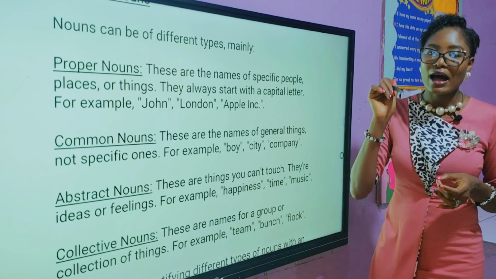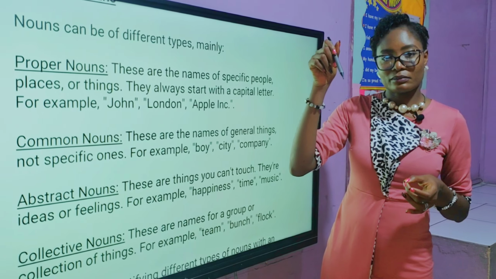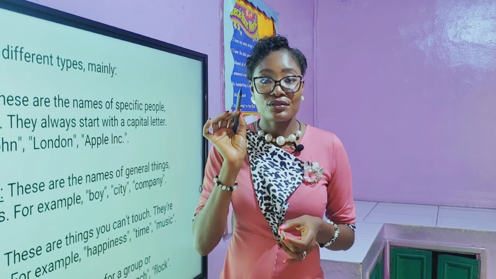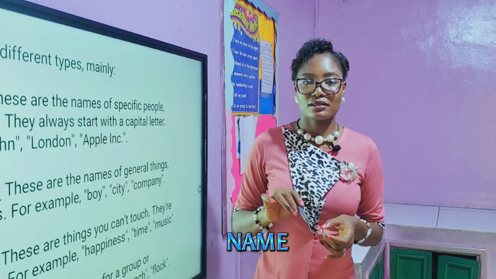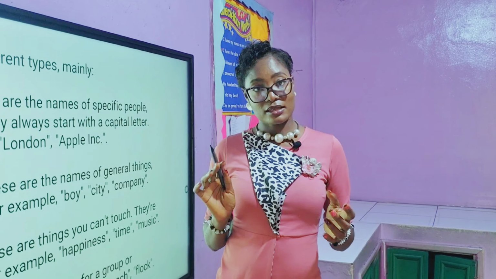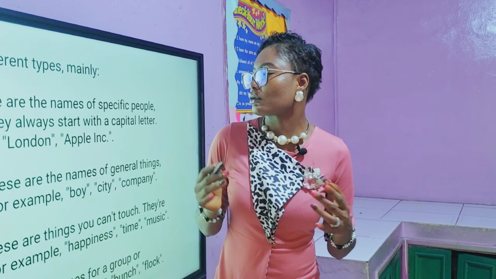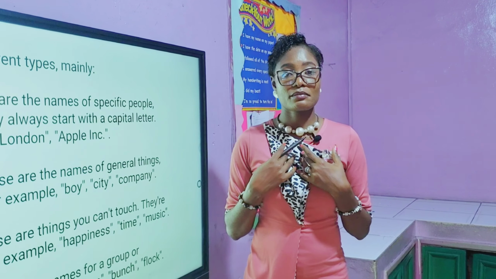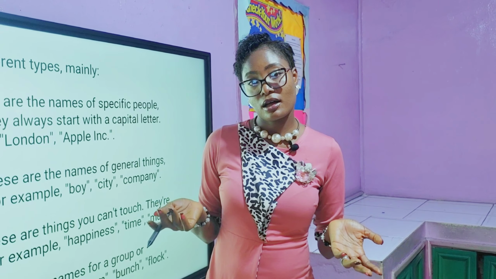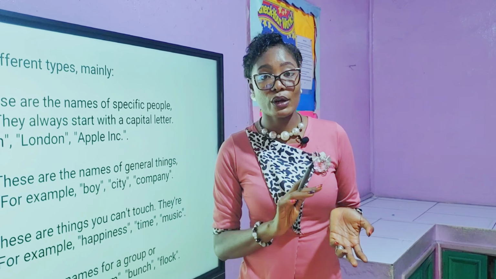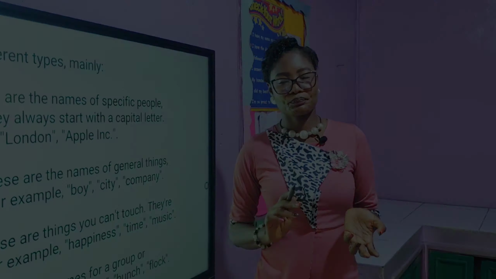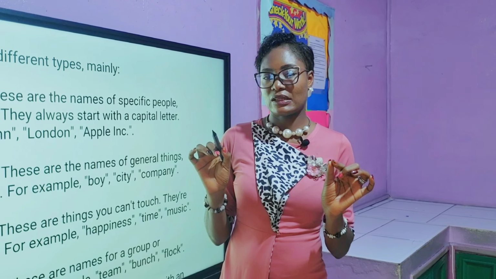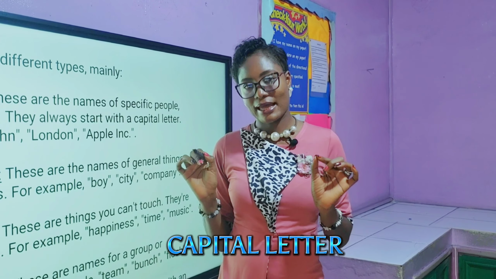Once you have a particular person or thing that you're talking about, the name of that person, the name of that thing is a proper noun. So we have my name, for example. My name is Victoria. So Victoria is a proper noun. These words always begin with a capital letter.